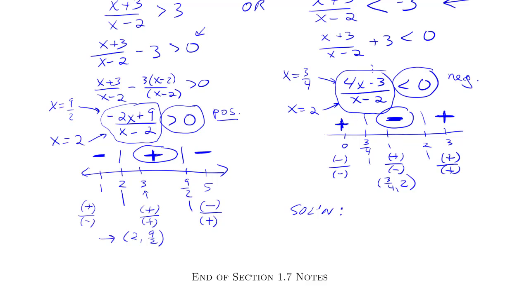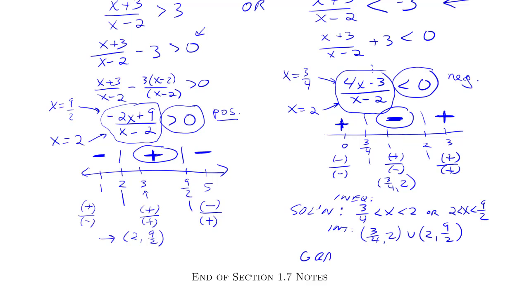So 3/4 less than x less than 2, or 2 less than x less than 9/2. That's in inequality notation. In interval notation, we would have 3/4 to 2 union 2 to 9/2.